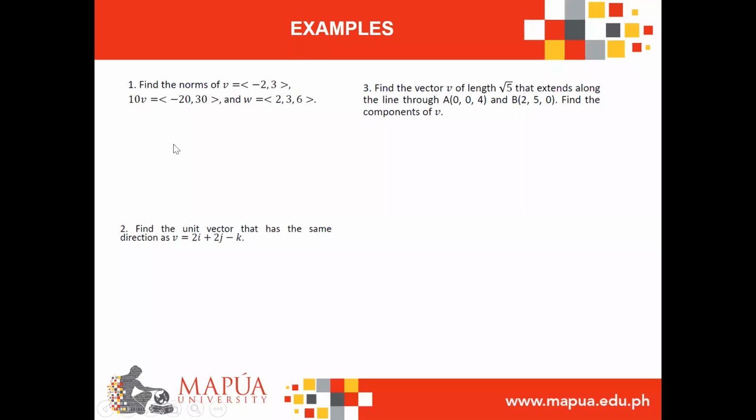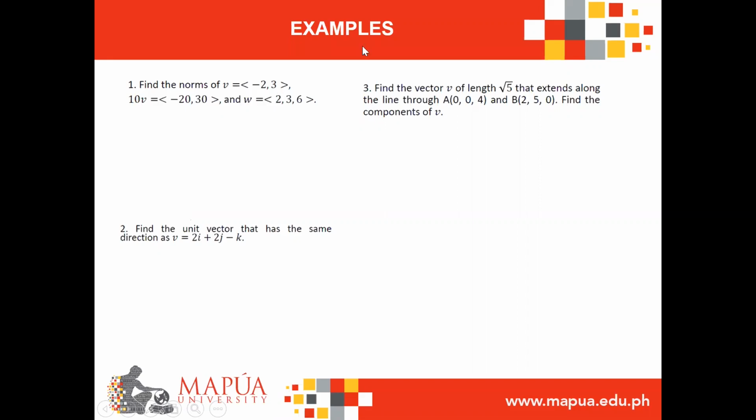We have here another set of problems involving vector operations. Okay, let's have the first problem here. Find the norms of v equals negative 2, 3, then 10v equals negative 20, 30, and w equals 2, 3, 6. When we talk about norms, it refers to length or magnitude.